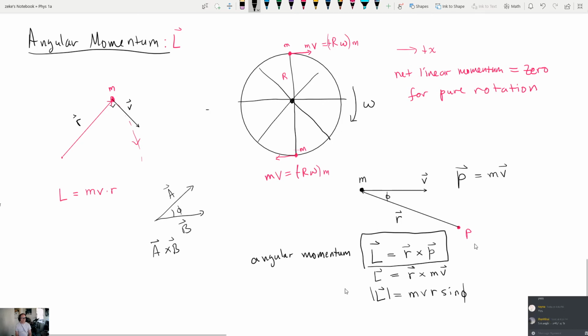It's going to point into the page in this case. If r is this way, you point your fingers along r, wrap your fingers toward the direction of the momentum, and your thumb points into the page.